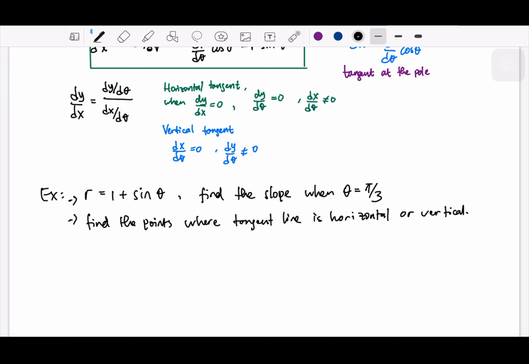So the first question is finding dy over dx. Okay, finding dy over dx.